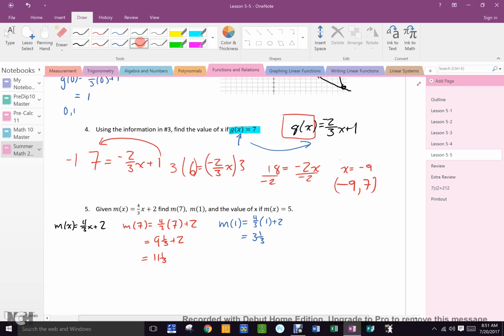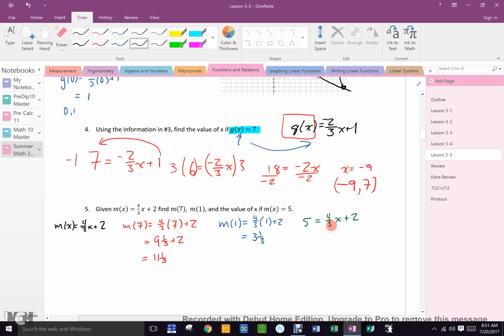Okay. What is different in the third one? I have the output. So do I write M bracket anything, or do I write 5? I write 5. And what does that equal? 4/3 x plus 2. And what's my job? To find x, right, Gerline?